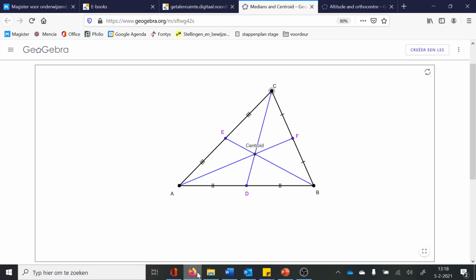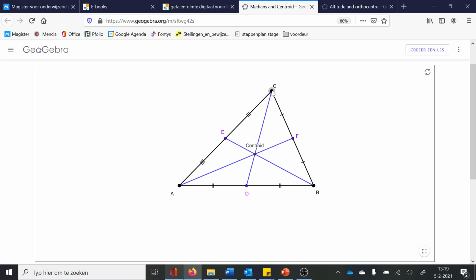But to show you, here in Geogebra, I've constructed a triangle ABC with the three medians from A, from B, and from C. And as you can see, they divide the opposing side in two equal parts, here AD and BD. And you can see that those three medians always intersect in one point, the so-called centroid.